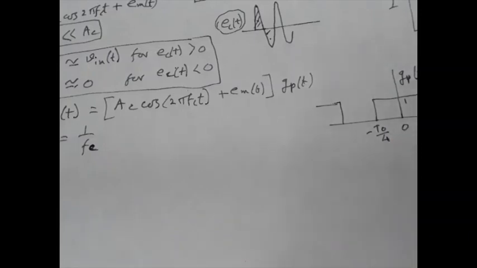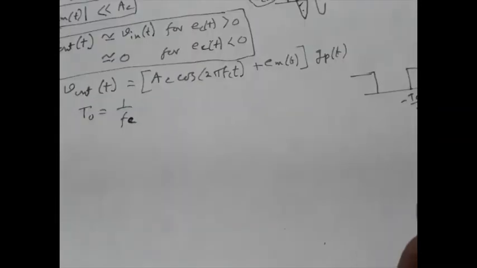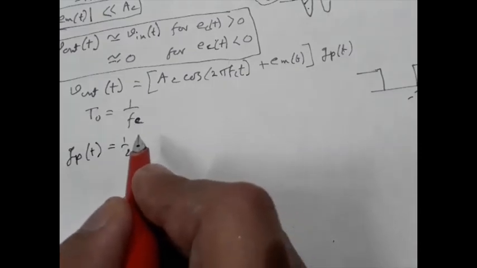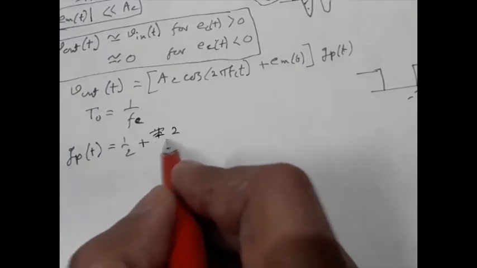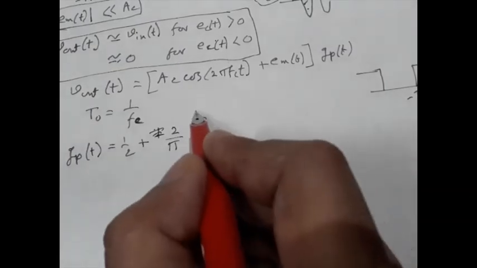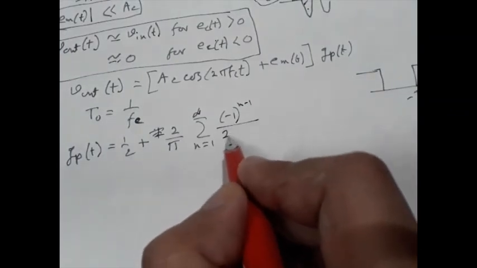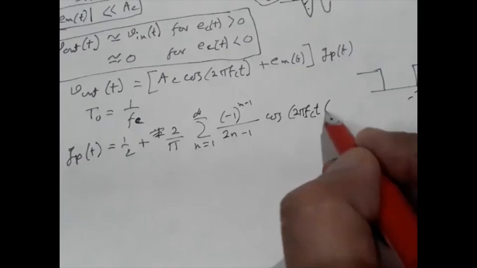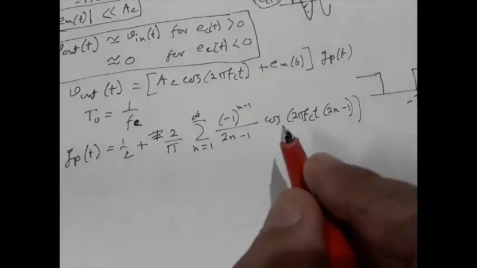Obviously g(t) is a periodic function, and since it is a periodic function, we can expand it in terms of a Fourier series. So g(t) can be written as follows.